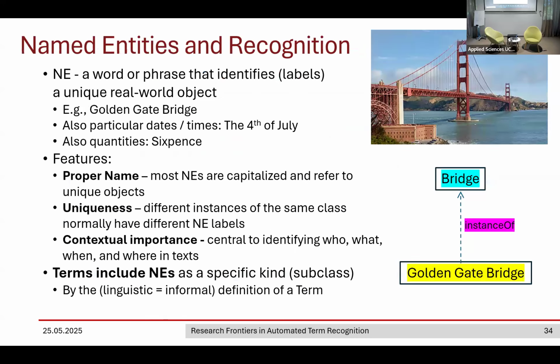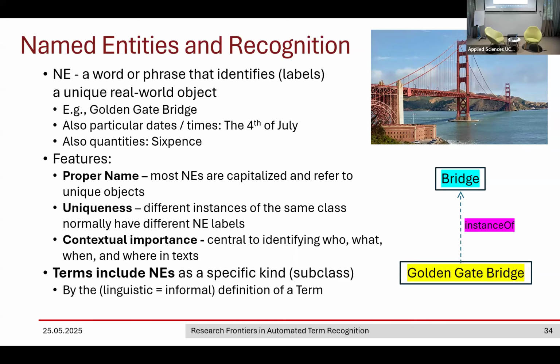So if we look closer at named entities, we may say that a named entity is a word or phrase that identifies or labels or names, if you wish, a unique real-world object, like the Golden Gate Bridge. Also particular dates, the 4th of July. Also quantities, like sixpence or pound.